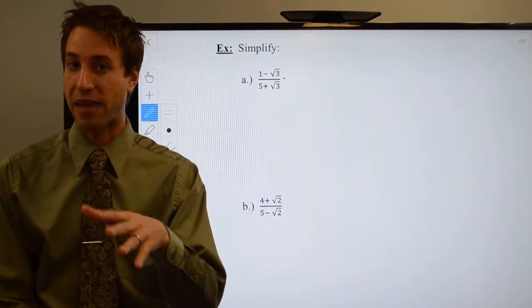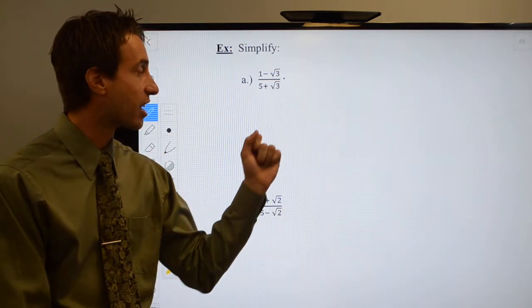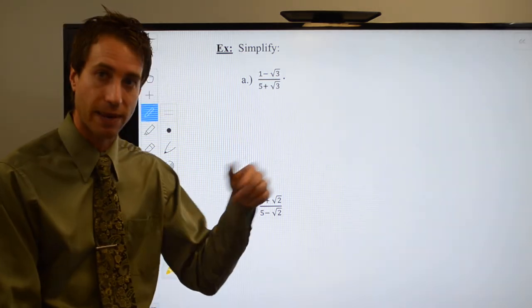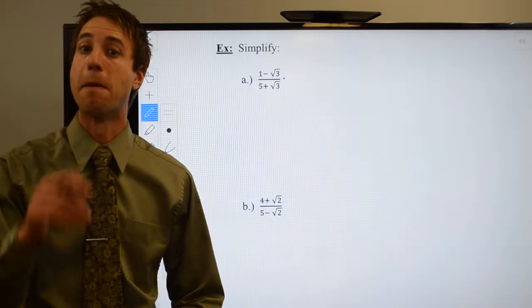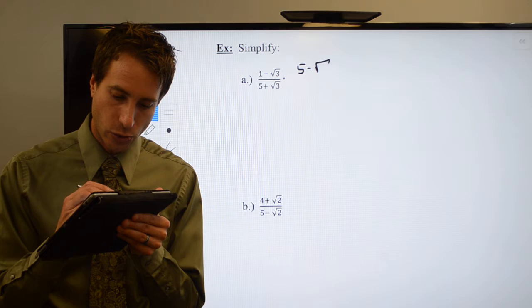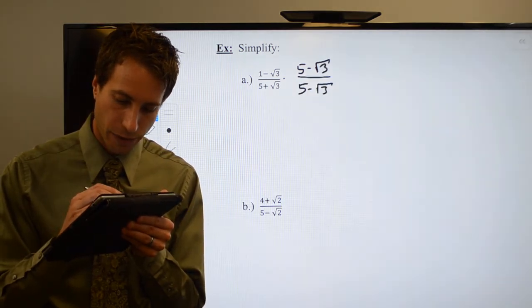You should remember that from dividing complex numbers. It's always the conjugate of the denominator. Since it's 5 plus the square root of 3, we'll multiply top and bottom by 5 minus the square root of 3.